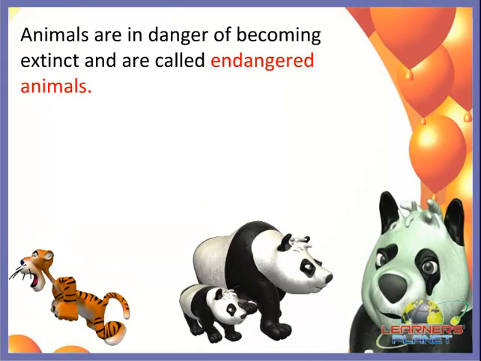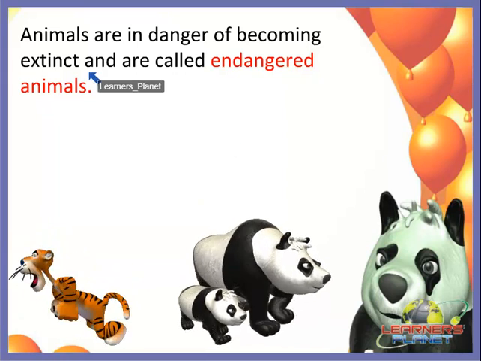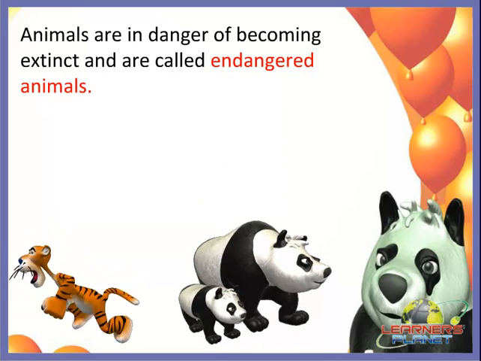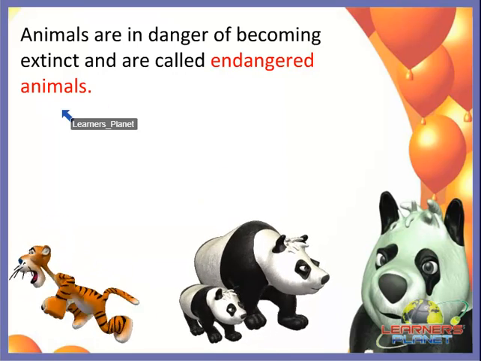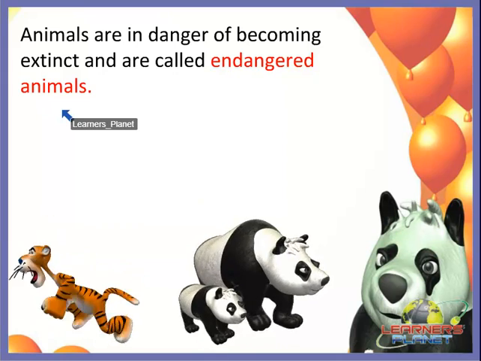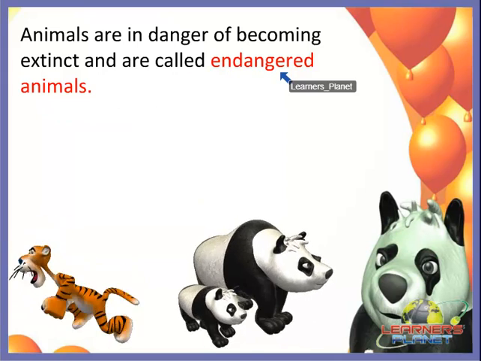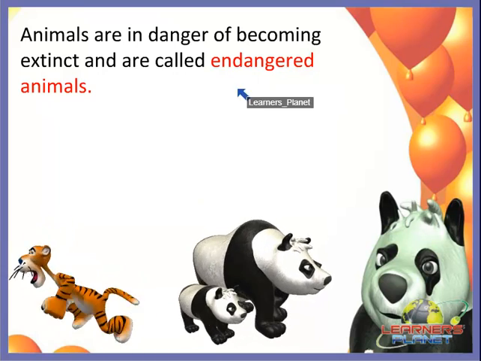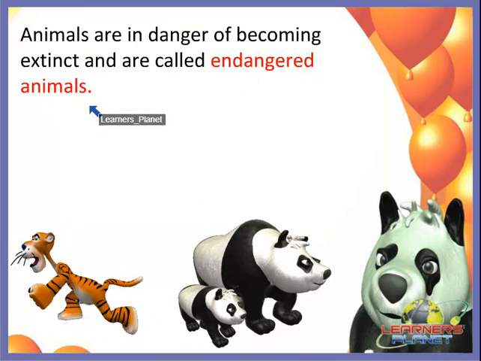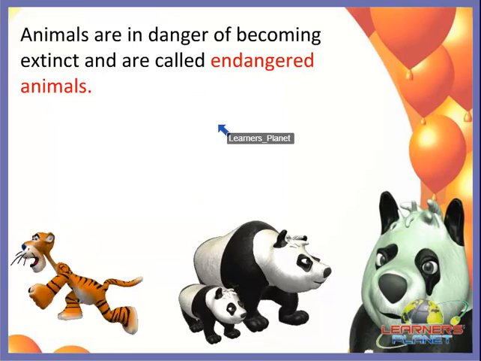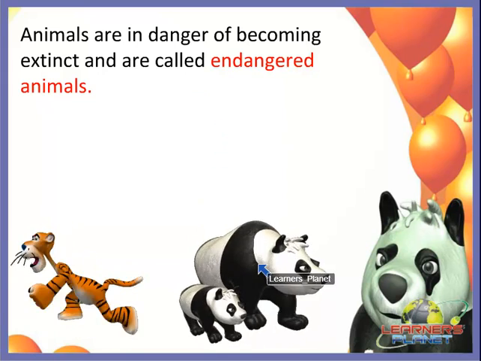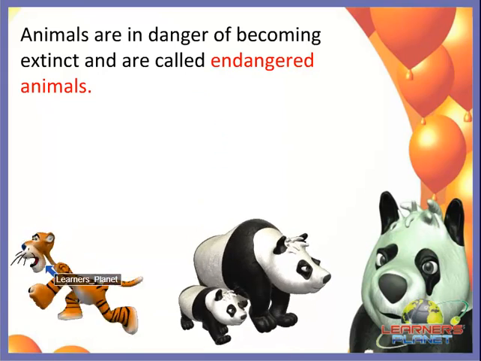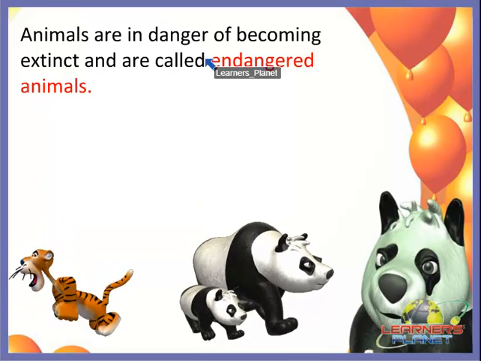Then some animals are in danger of becoming extinct. They haven't become extinct, but they are in danger of becoming extinct, and they are called endangered animals. What are they called? Endangered animals. We can see here the example, animals like the giant panda and tiger are in danger of becoming extinct.